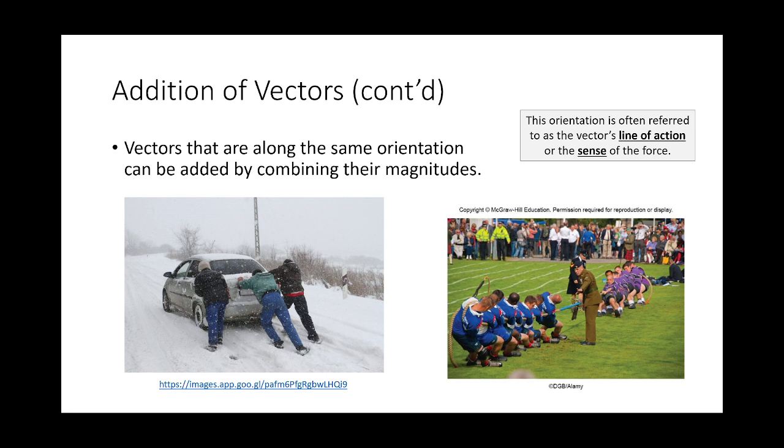Now, vectors that are along the same orientation can be added by just combining their magnitude. I've got a couple of examples here that illustrate this.